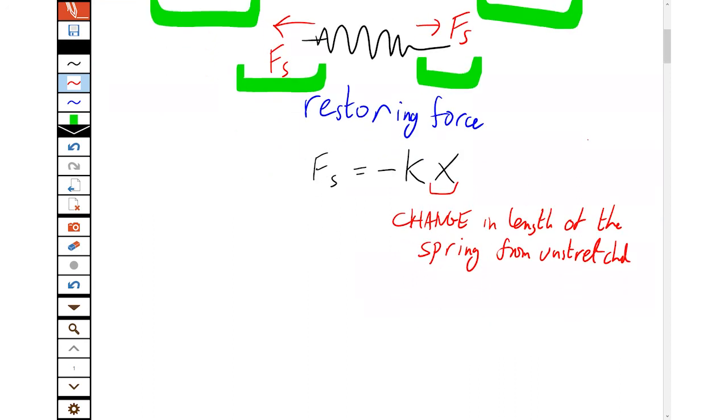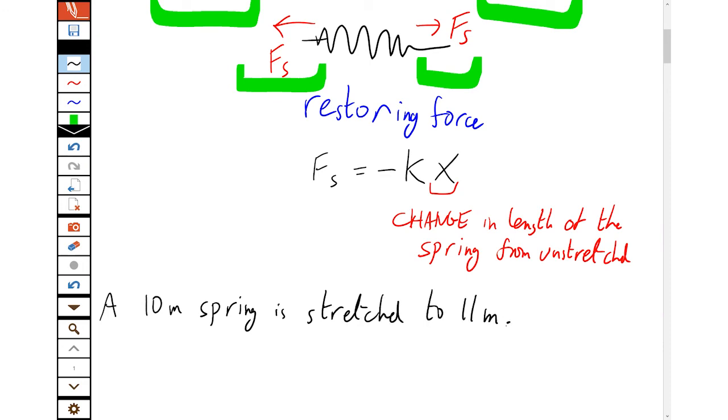For example, let's say a 10-meter spring is stretched to 11 meters. What is the spring force?